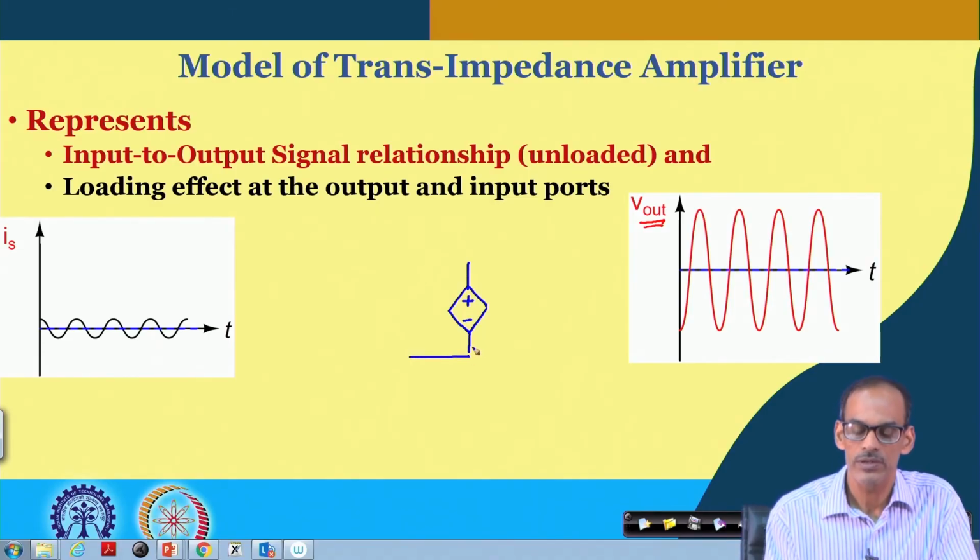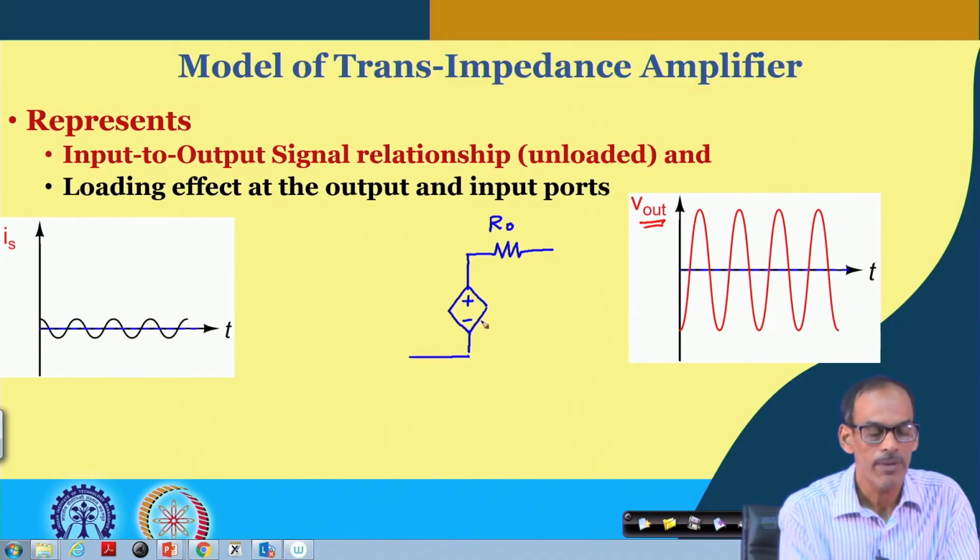So, we do have the Thevenin equivalent. This is a dependent voltage source and it also has a Thevenin equivalent resistance called R o, and this dependent voltage source depends on the current.